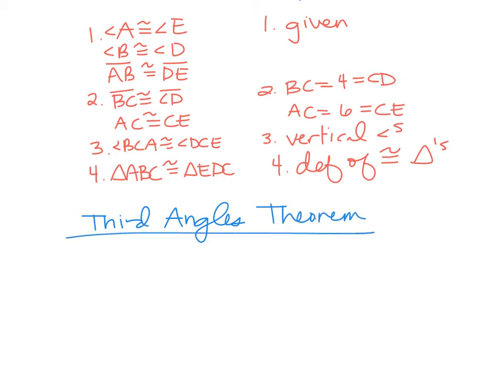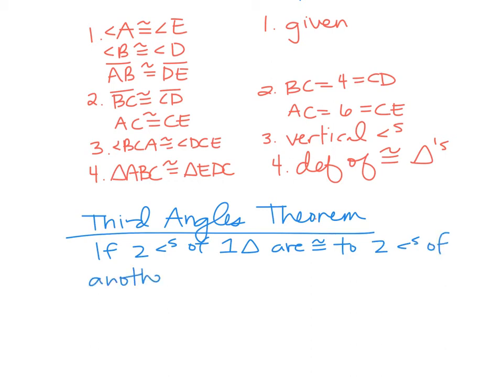Okay, and third angles theorem says this: if 2 angles of one triangle are congruent to 2 angles of another triangle, then the third angles are congruent.